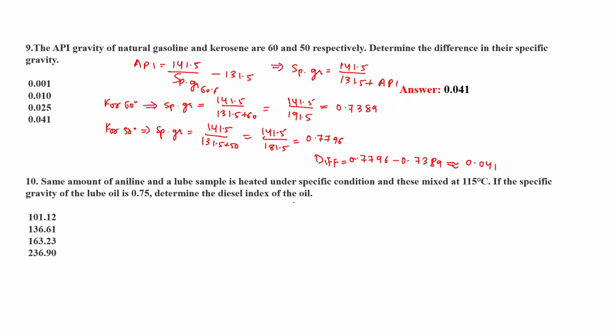So what is the aniline point? The aniline point is basically the temperature at which the same amount of aniline and a lube sample is miscible. So here the aniline point is given as 115 degrees C, at which the same amount of aniline and lube sample is miscible.